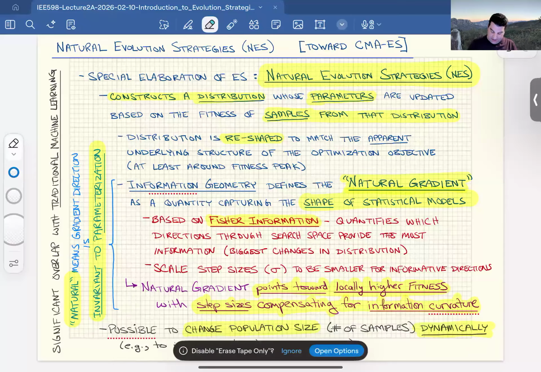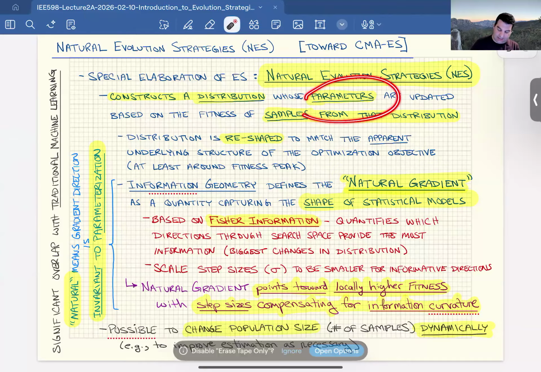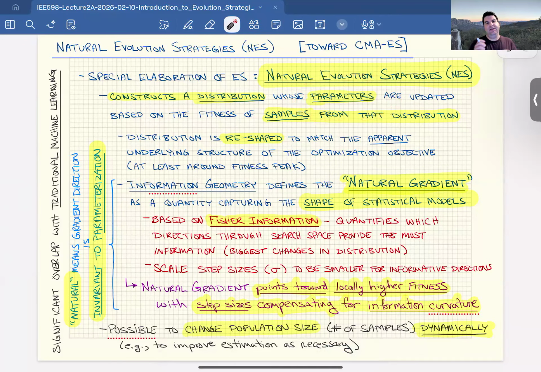So the idea here is that we are trying to adapt the parameters of this distribution to fit the optimization objective so that we can predict the best way to move.